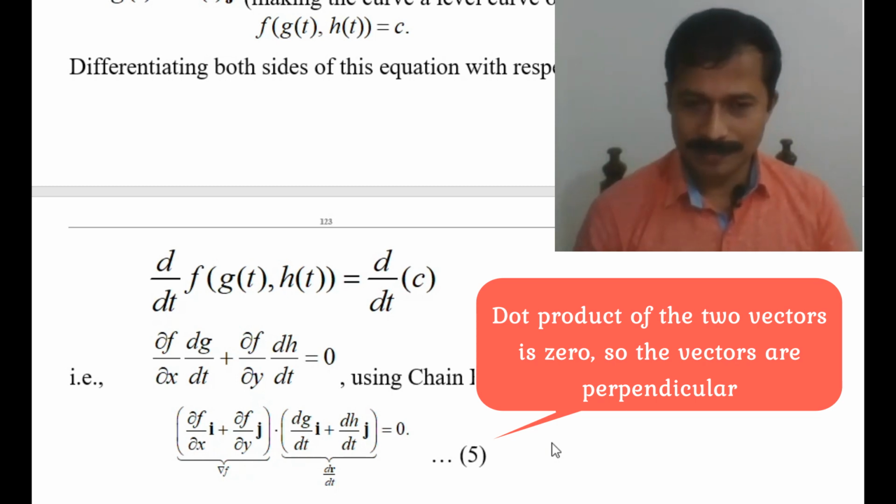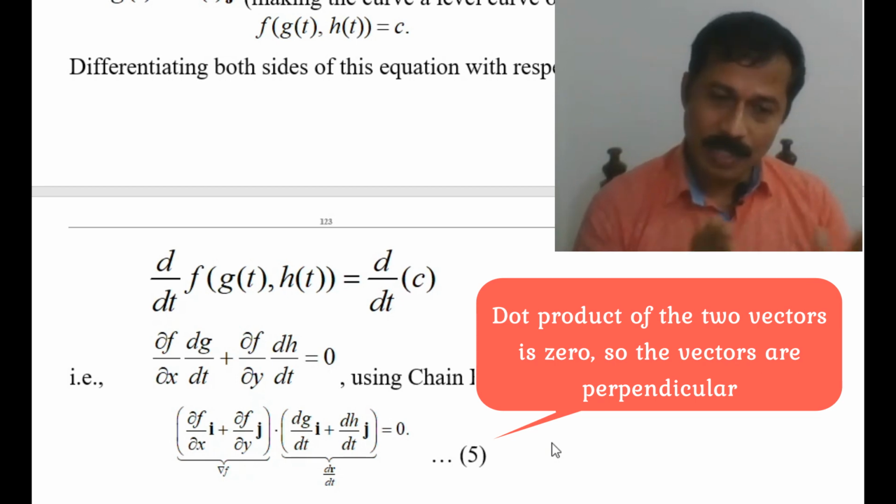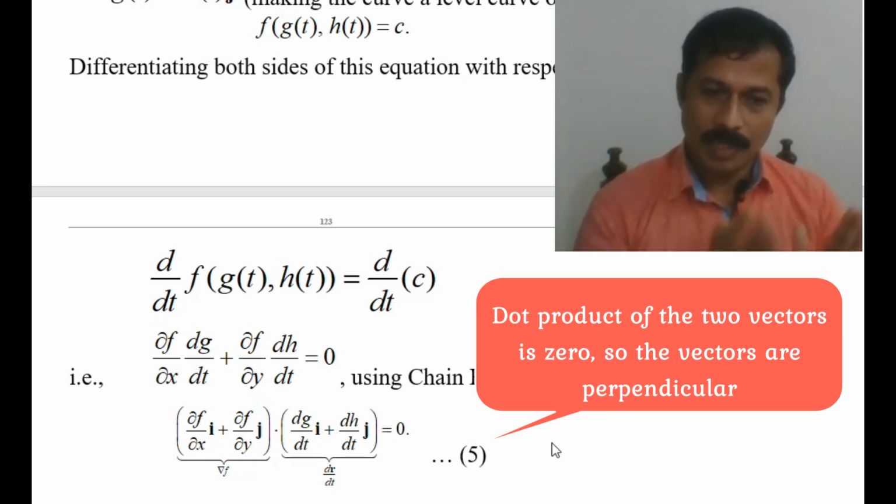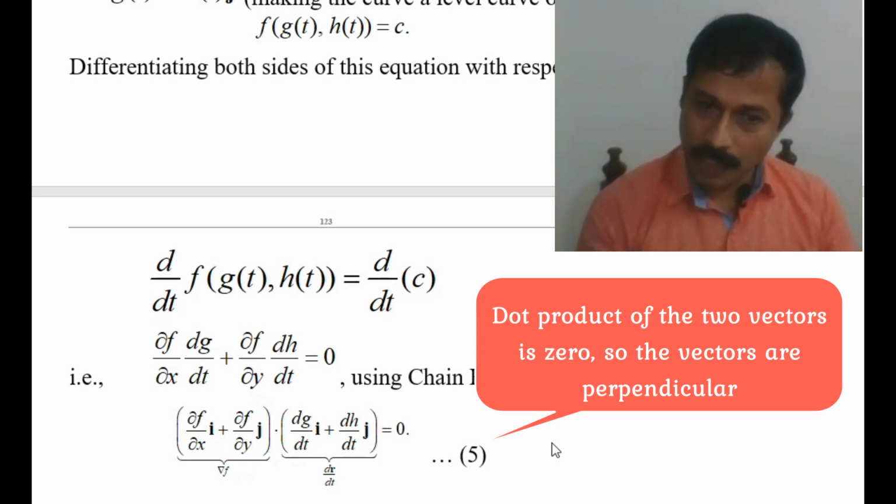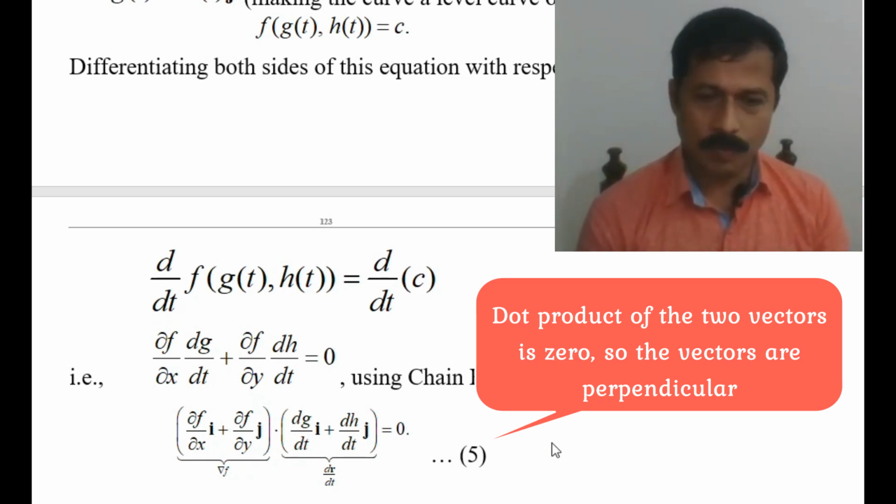So what can we say about the gradient of f? The gradient of f is a vector orthogonal to dr by dt, perpendicular to dr by dt, because their dot product is 0. The dot product of two vectors being equal to 0 means those two vectors are perpendicular.